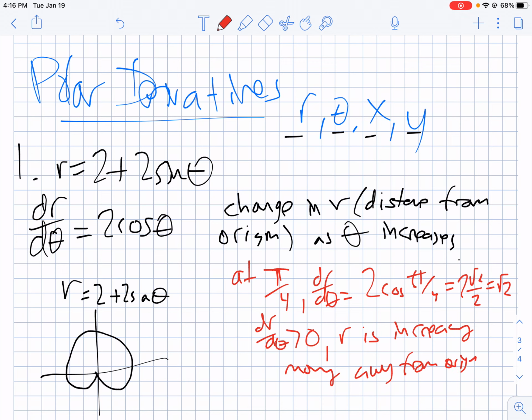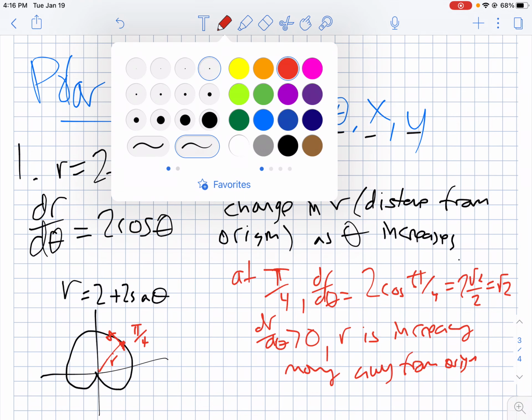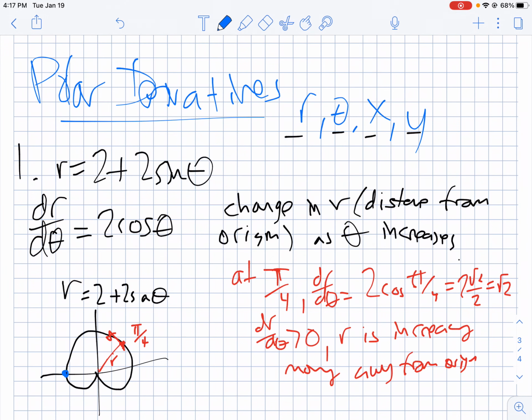So as we go around the curve here at pi over 4, you can see the graph is getting longer, right? If we look at the distance from the origin, that r value is getting bigger as theta is increasing. But we see the opposite as we approach somewhere like pi. If we look at pi, as we're going around the curve, r is getting smaller because the curve itself is getting closer to the origin.